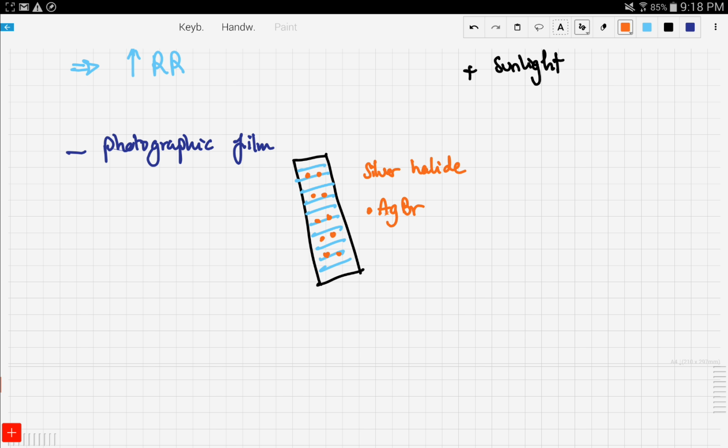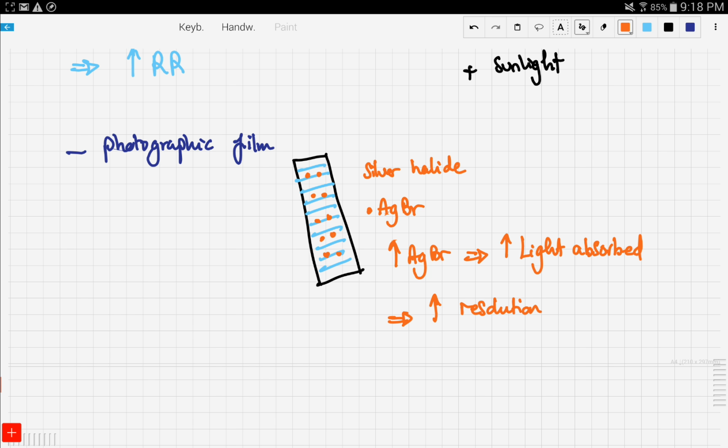Well, it basically absorbs light, and the more AgBr absorbs light, the higher the resolution of the film. So more AgBr means more light is absorbed into the film, and therefore the higher the resolution of the film, and also the higher the contrast.